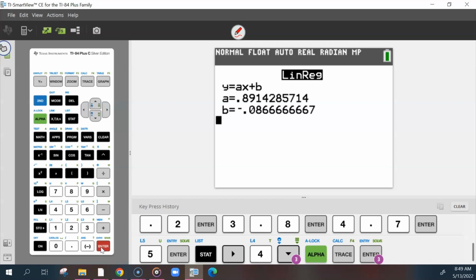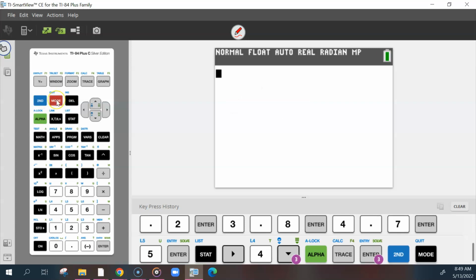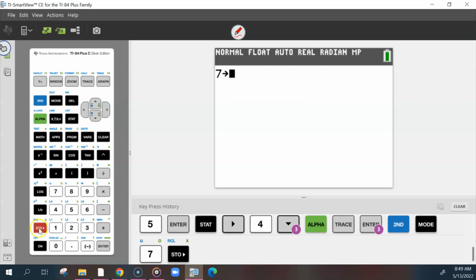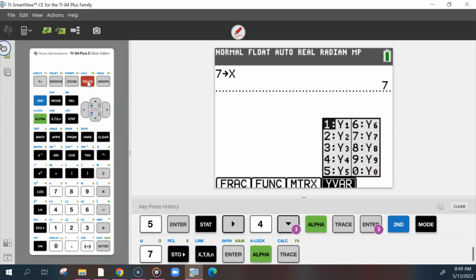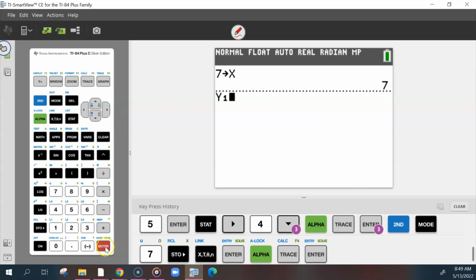Then to get your answer, you could go to your main screen, so second mode, store 7 in your calculator, so 7, STO, X, and then hit Enter. And now that 7 is stored in for X, I could go back and grab my equation that I stored, so alpha trace, and I stored it in 1, Y1, and I hit Enter.